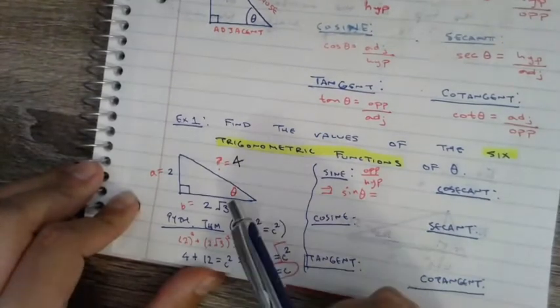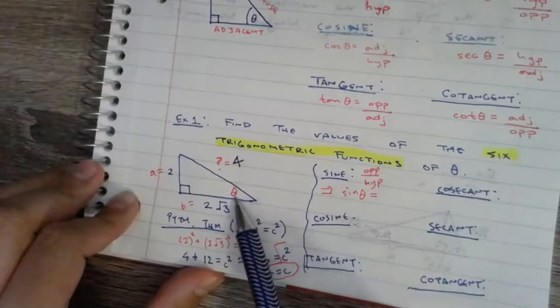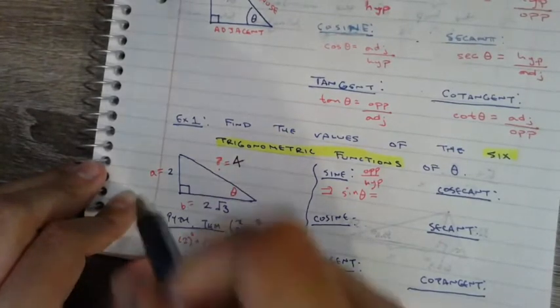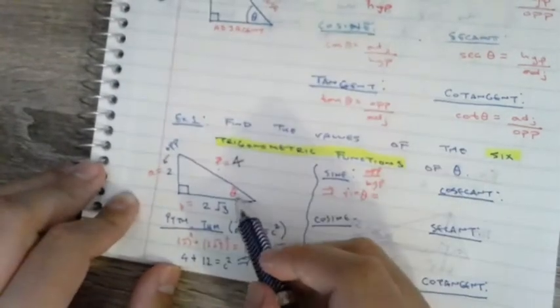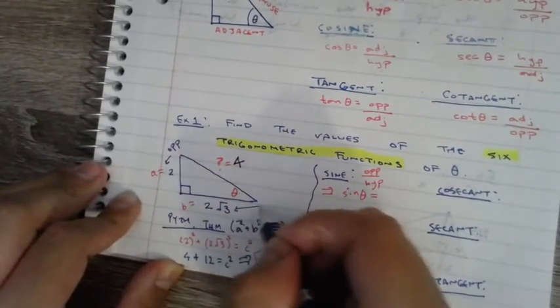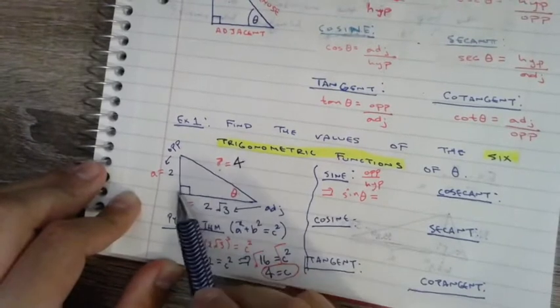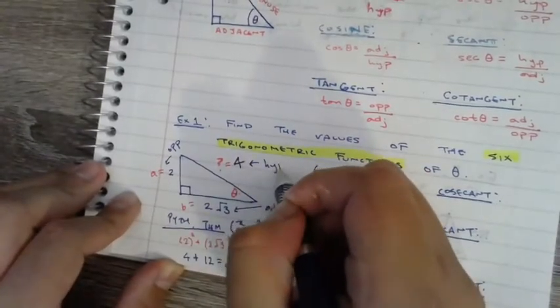Remember, you're trying to find the trig functions of theta. So you start here at theta, and then we can label it. From theta, our opposite is right here. I'm going to abbreviate opposite. Adjacent is this side right here. And then the hypotenuse is the side that's right across from the right angle. So this right here is the hypotenuse.